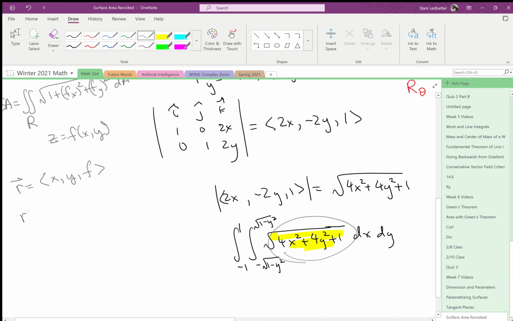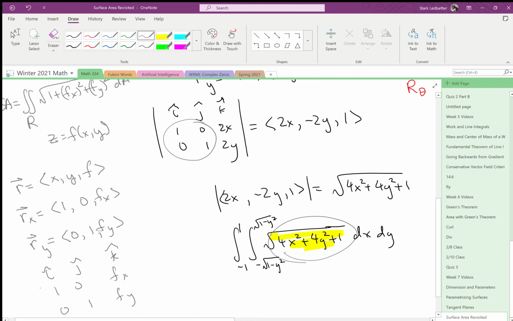And then my rx is going to be 1, 0, fx, and ry is going to be 0, 1, fy. And so the cross product will always have this 1, 0, 0, 1 here.